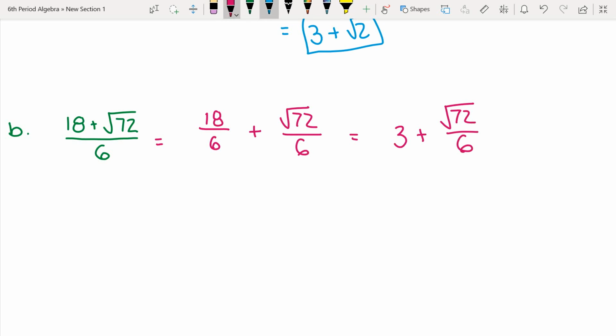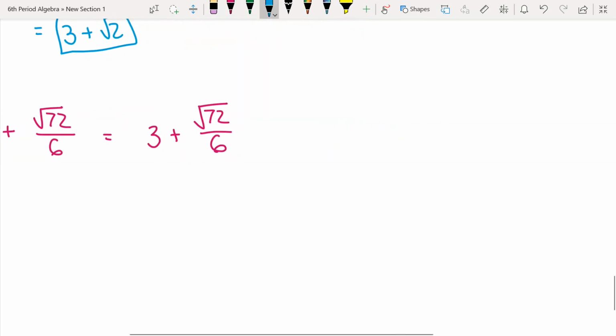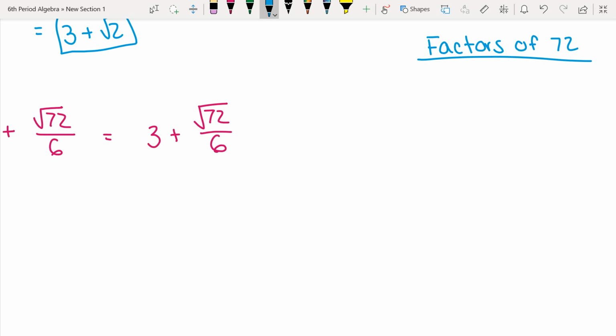Instead, list out the factors of 72. So let me scroll over here. Factors of 72. Now this is going to be a longer list. So we have 1 and 72. And then you can go down. This is an even number. Use your divisibility rules. This can be divided by 2, which is 36. It can also be divided by 3, which is 24.